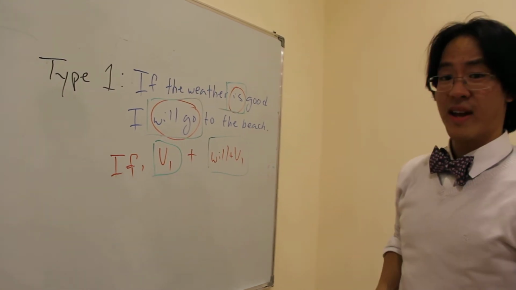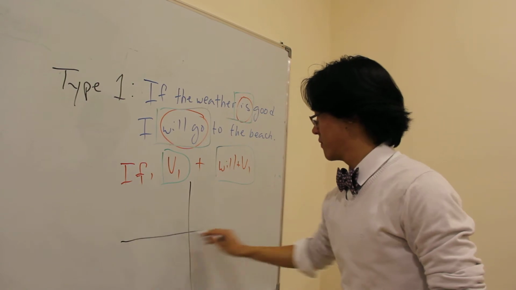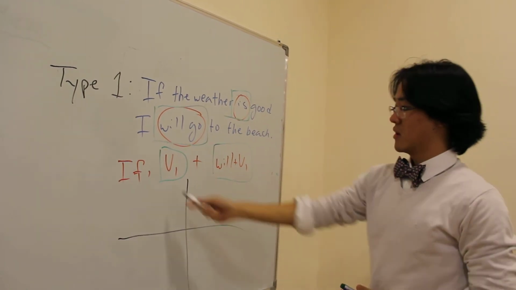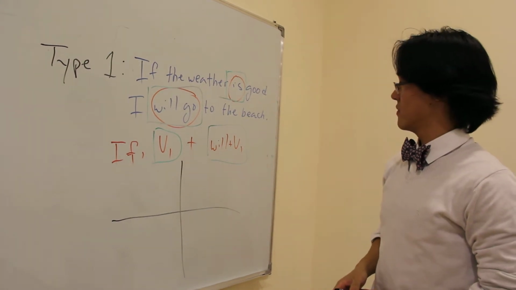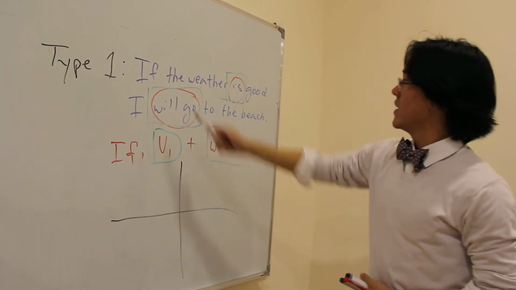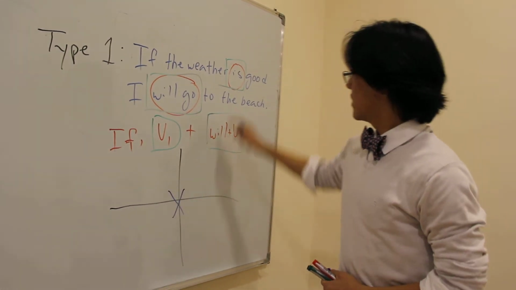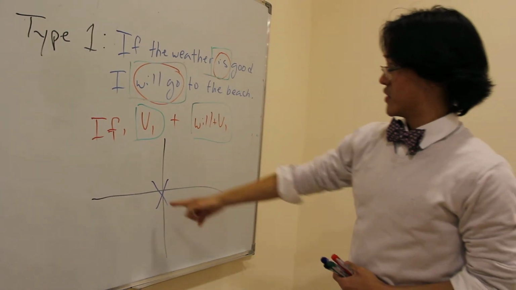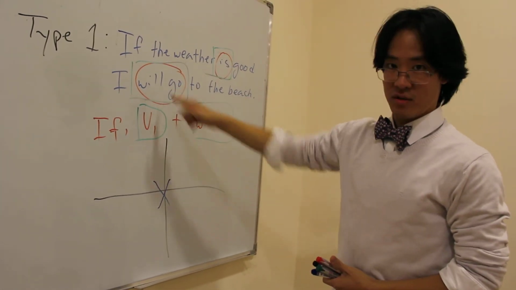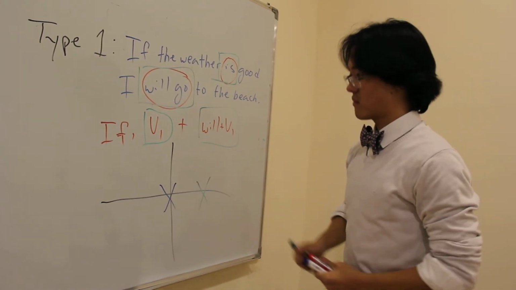Now looking at a timeline, where do you think this would be? Remember, one is verb 1 and one is in the future. So for here, if the weather is good, I will go to the beach. This is the first action, and the second action, will go, will be here.